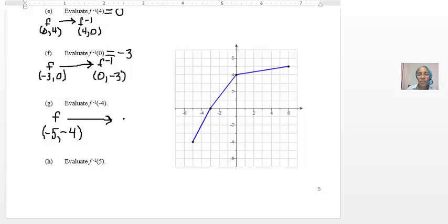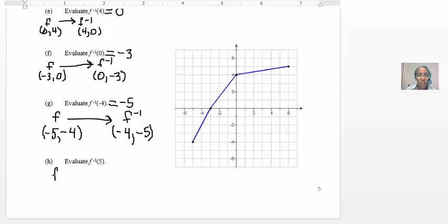So the mirror image of that on f inverse, where the line y equals x is our mirror, is (-4, -5). So f inverse of -4 is -5.